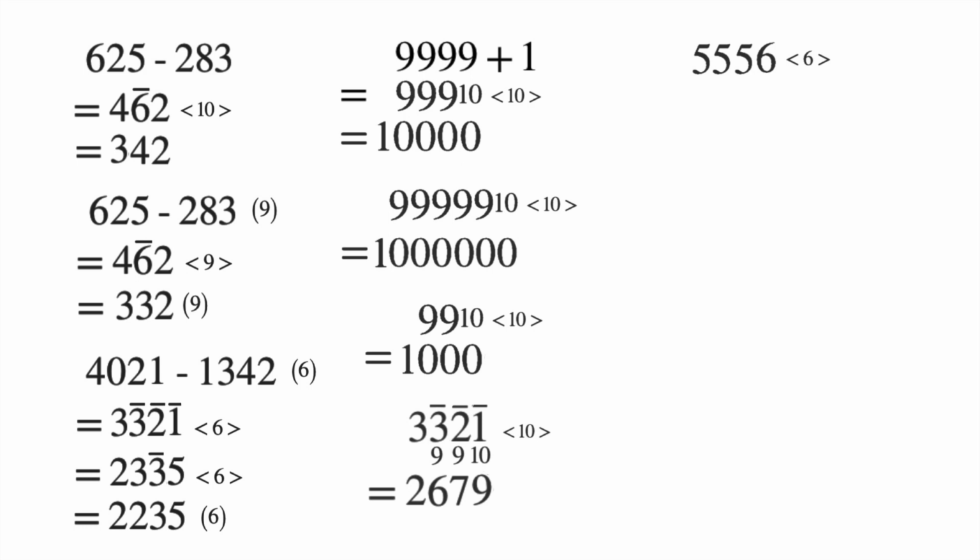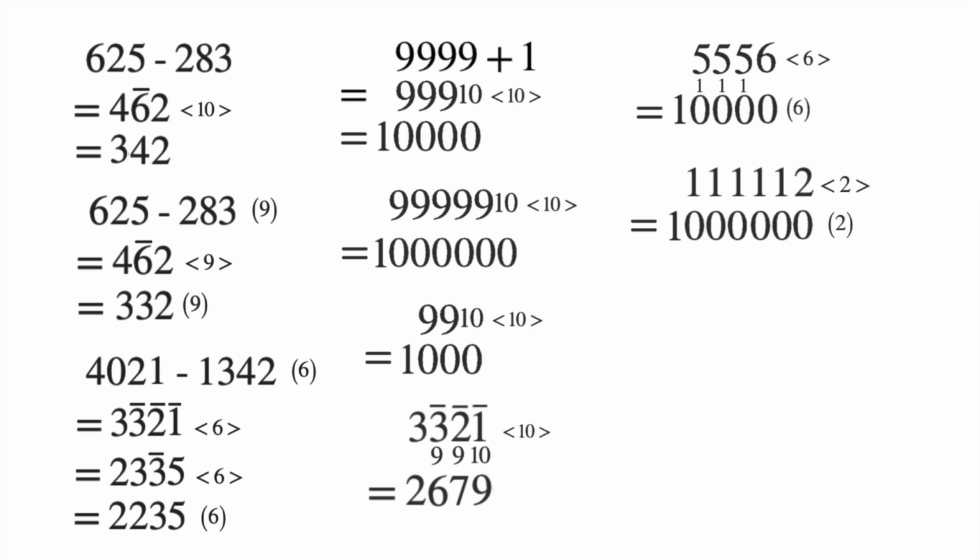In X-nary, all 5, 6 is like 10,000. 6 over 6, 6 over 6 again. In ternary, all 1, 2 is like 1 million.